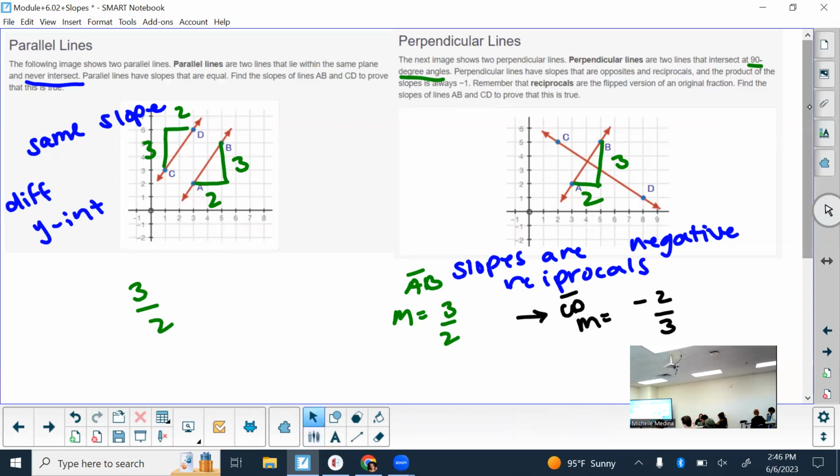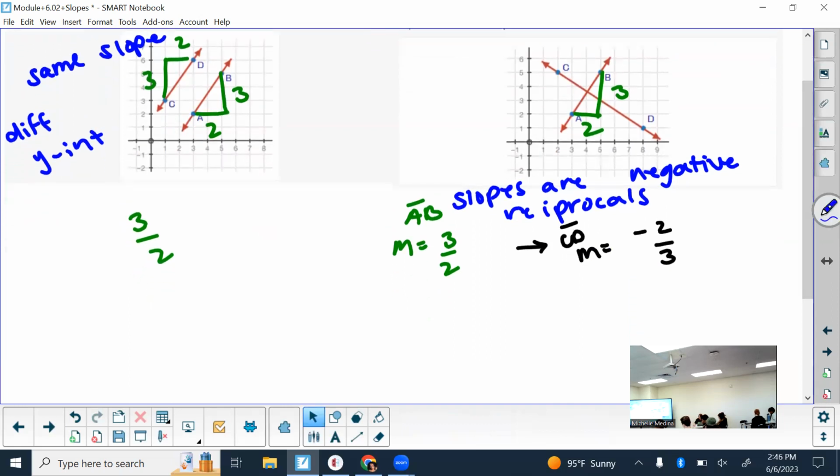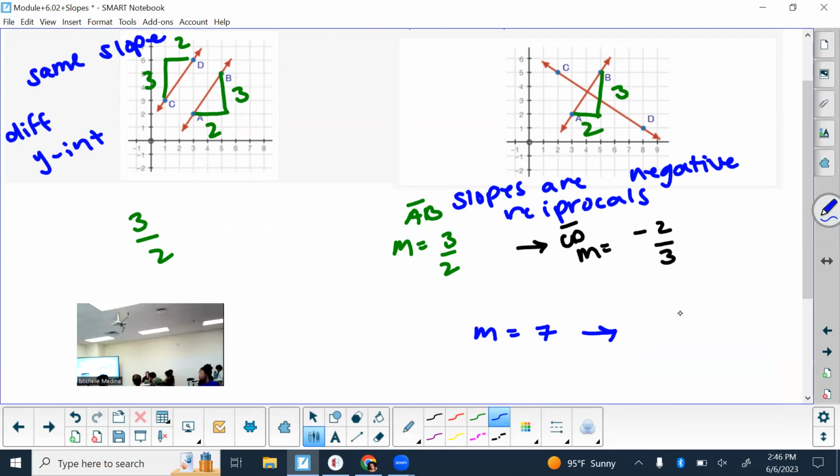All right, so let's see if you really know it. What if my slope is 7? What's going to be my negative reciprocal of that? A line perpendicular to this line would be a slope of... someone said -7, not quite, but the negative part is good. Did I hear the answer? -1/7.